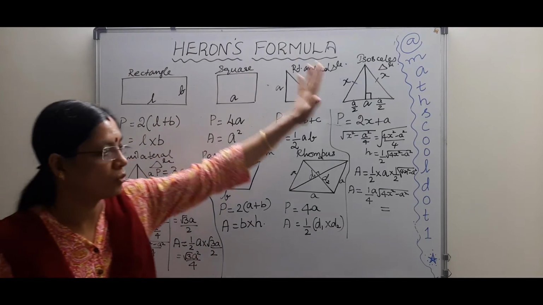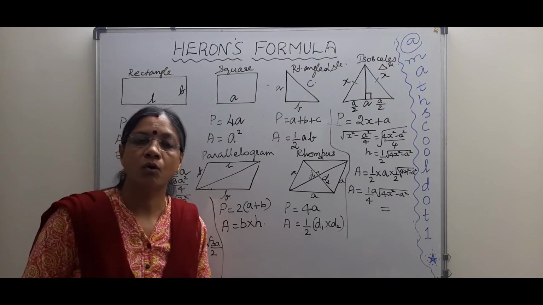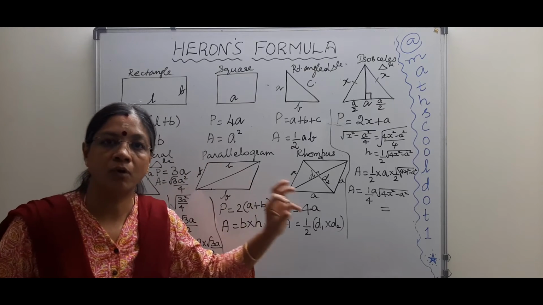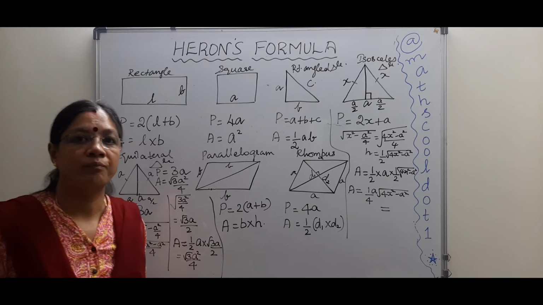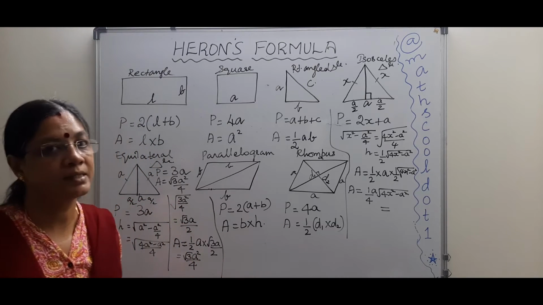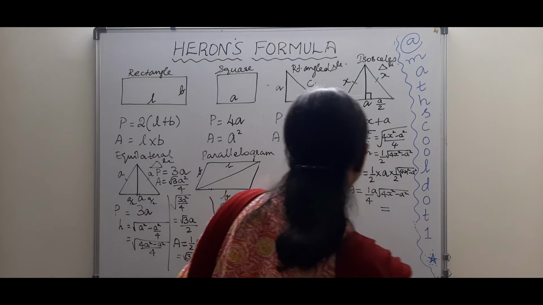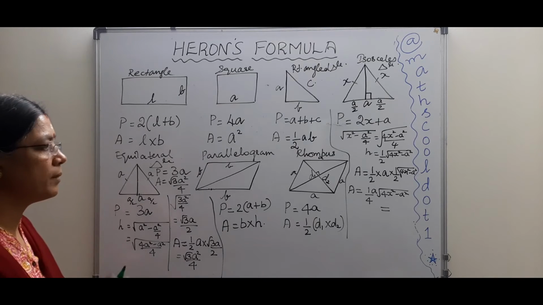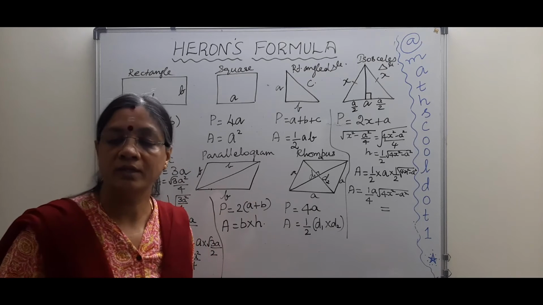See, now we have found out the perimeter and area of all these shapes, right? Now, where does Heron's formula fit? So what is the necessity for such a kind of formula? We'll see it now. Just check all the formulas. You need not mug up or learn by heart all these formulae.